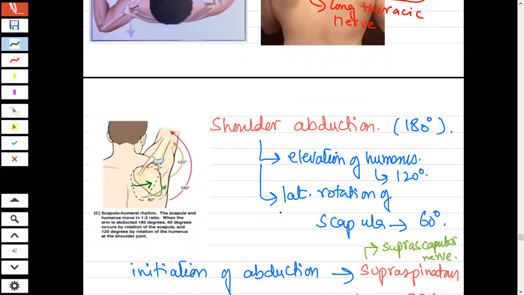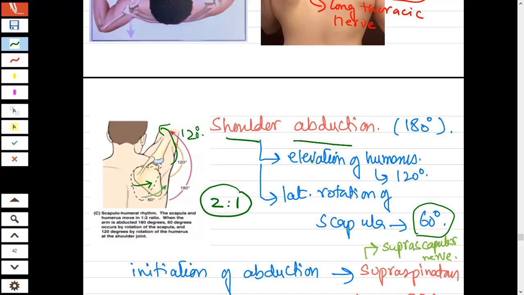So lateral rotation of scapula will only go up to 60 degree. But the elevation of the humerus bone will be 120 degree. Okay, so please remember that the ratio of the elevation of humerus to the lateral rotation of scapula will be 2:1. Okay, so both will help you in performing the shoulder abduction.